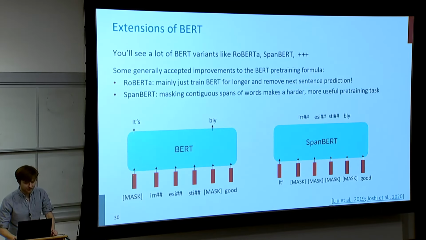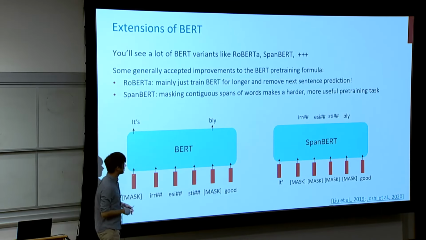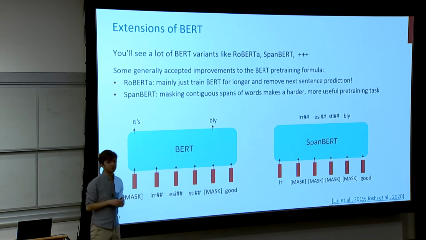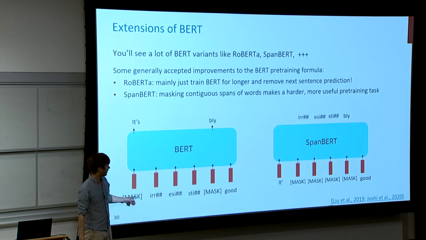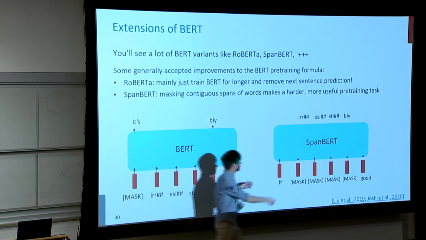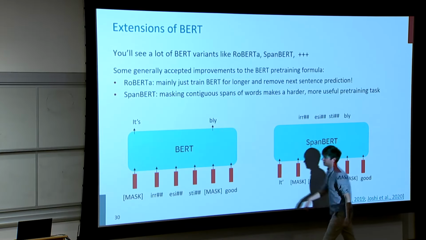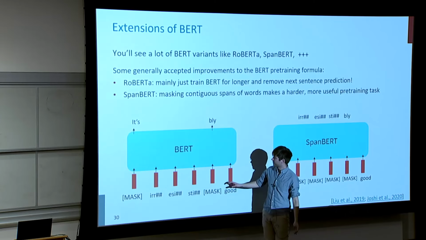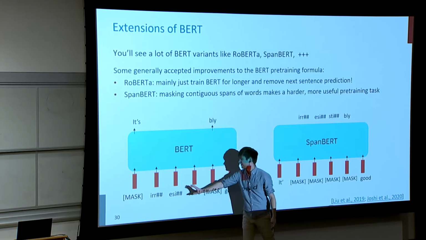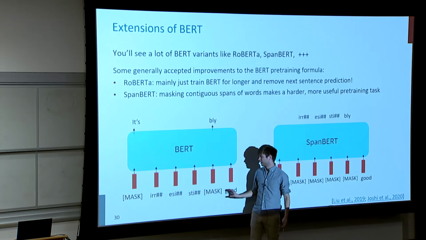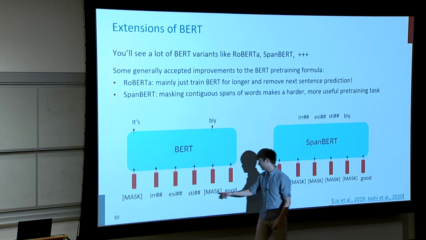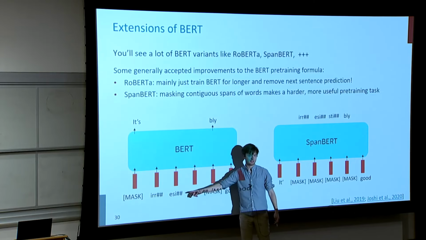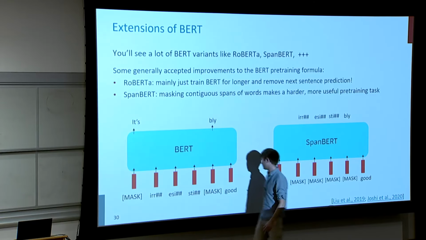Okay, some extensions of BERT. We had a question earlier of whether you just mask things out randomly. One thing that seems to work better is you mask out whole contiguous spans. The difficulty of this problem is much easier than it would otherwise be, because this is part of "irresistibly", and you can tell very easily based on the subwords that came before it.